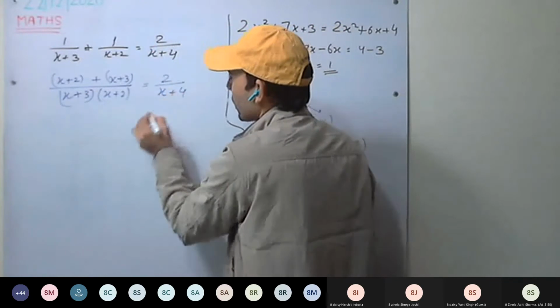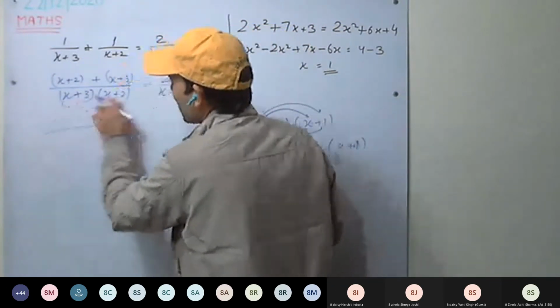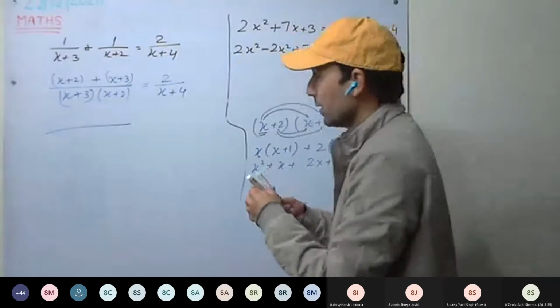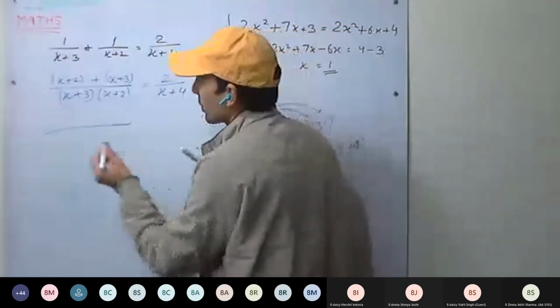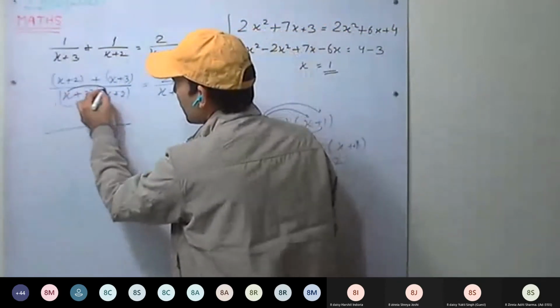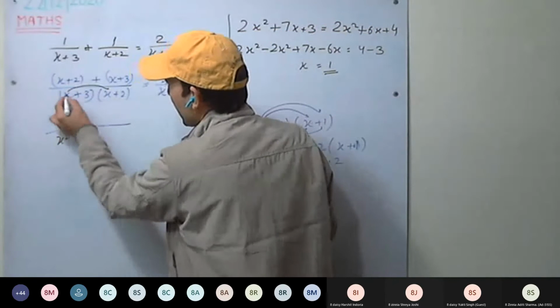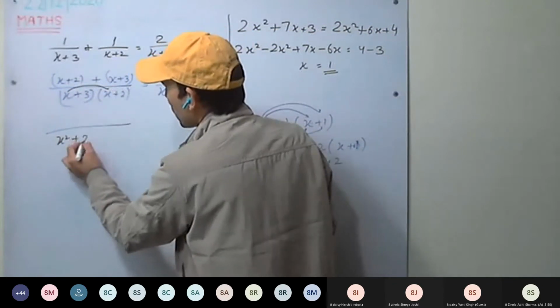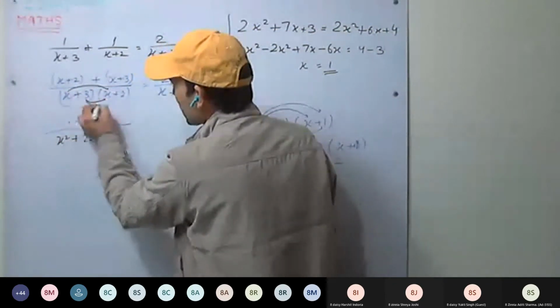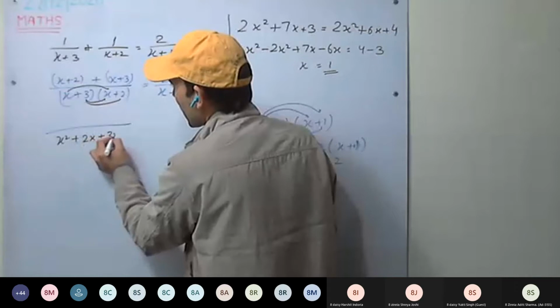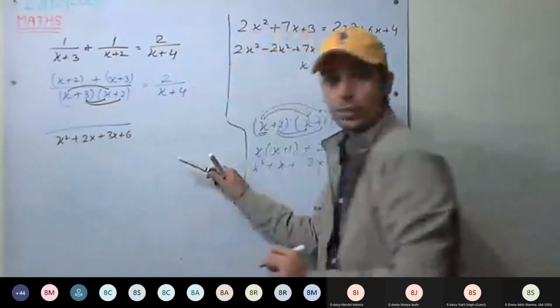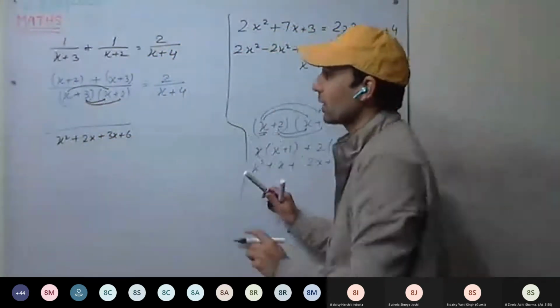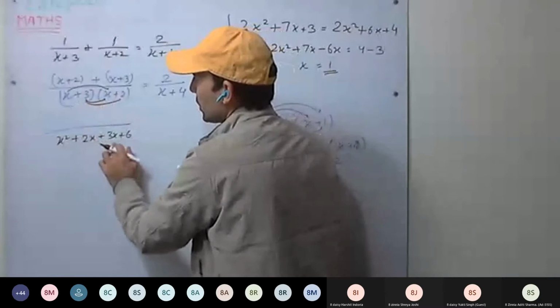Equal to 2 upon x plus 4. Multiply the denominator. What are we getting? X into x, x square. X into 2, 2x. 3 into x, 3x, plus 6. This is the denominator. Understood this one? We have multiplied these two expressions.